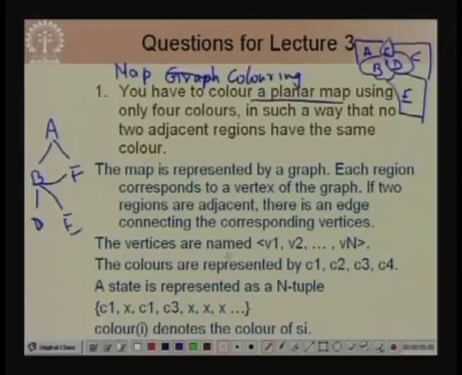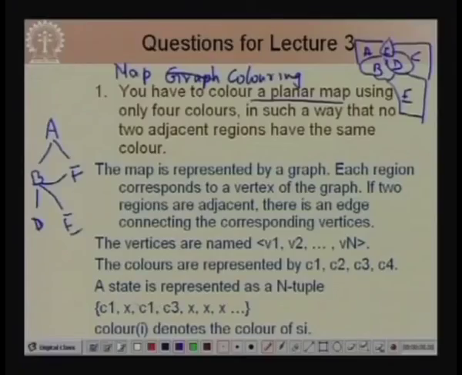We will call these vertices V1, V2, up to Vn, and we will represent the colors by C1, C2, C3, C4. In the map coloring problem, we will use 4 colors to color the map. In fact, it has been shown that any planar map can be colored by 4 colors. We will not talk about the proof in this class, and it is not within the scope of this course.